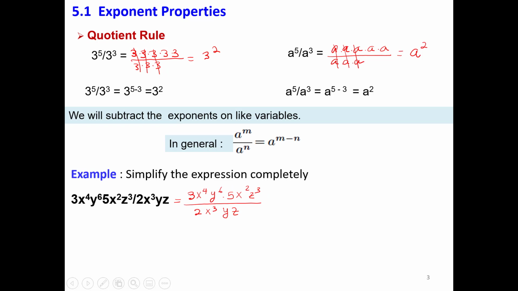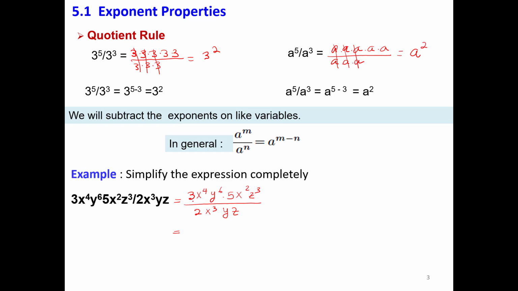Let's see, can we simplify something in the numerator? We have x here, we have x here, the same base, then we can apply the product rule. Also, we have 3 and 5 here, so we can multiply the numbers. Let's multiply the numbers and simplify the numerator.